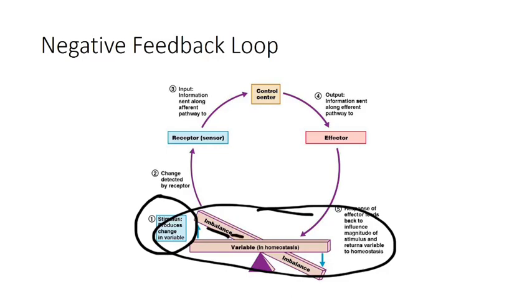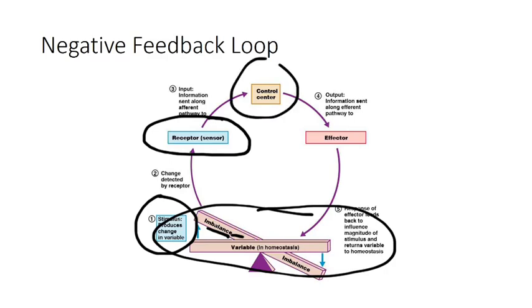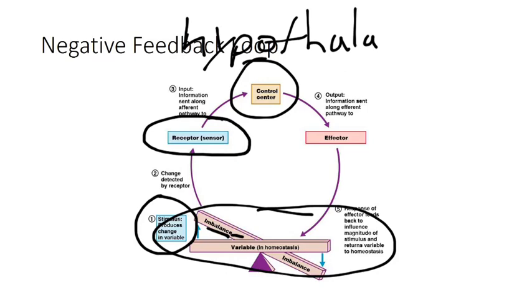That sends out some type of message, some type of stimulus. That stimulus is picked up by a receptor or a sensor. That sends information to the body's control center, which is oftentimes an important part of your brain called the hypothalamus. It's oftentimes involved in homeostatic mechanisms.